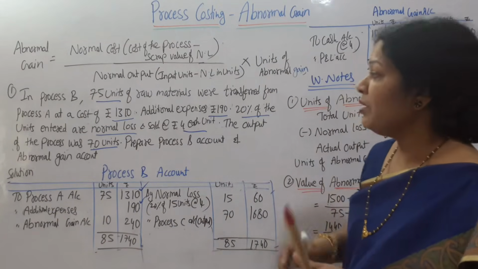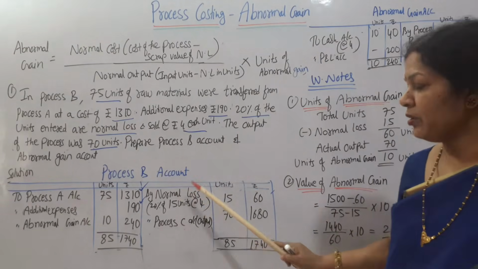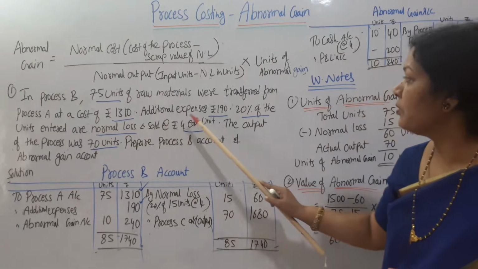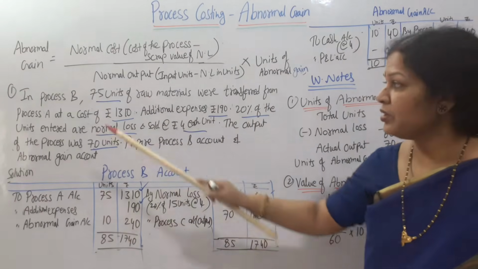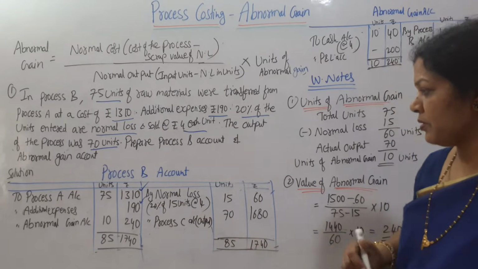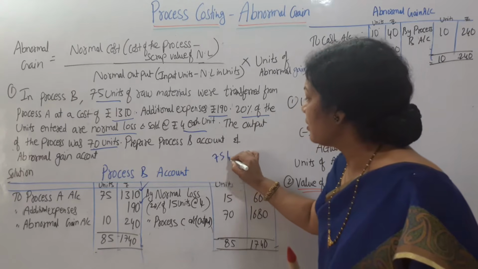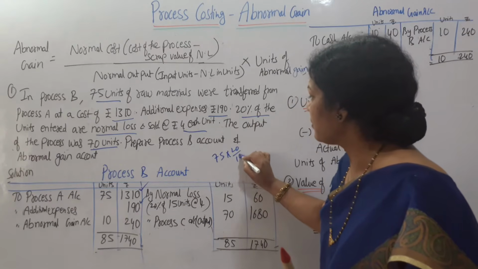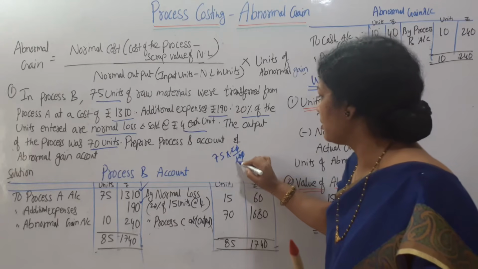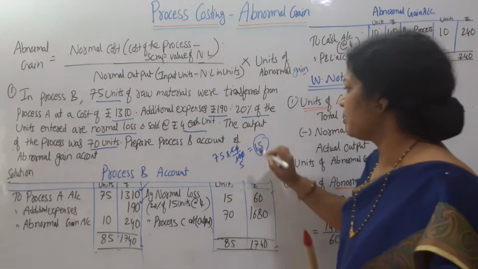And normal loss is there. Normal loss we always write on the credit side, right? So normal loss is how much? 20% of the units. Units are how much? 75. 75 into 20%, you will get 15 units.